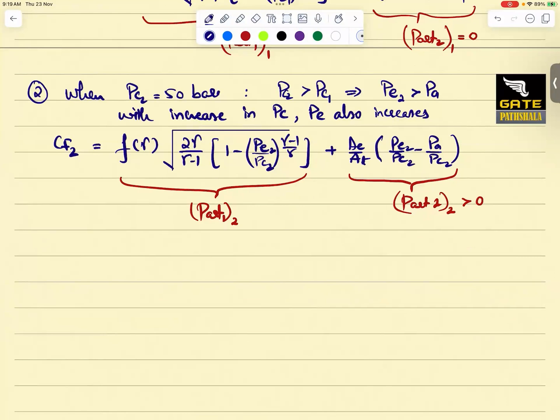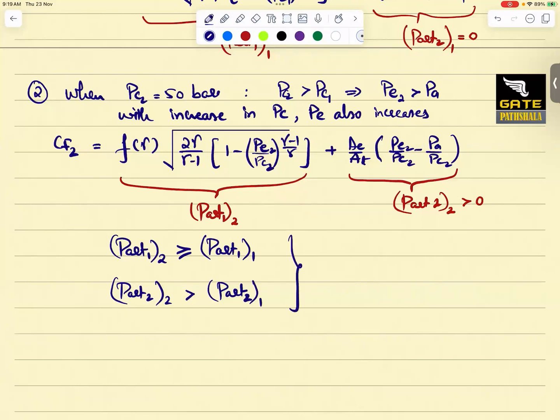So you write that part 1 for the second case may be greater than or equal to part 1 of the first case, and part 2 for the second case is clearly greater than part 2 of the first case.